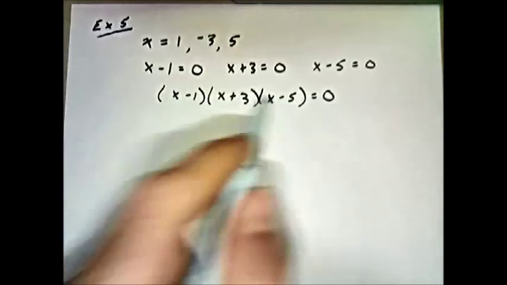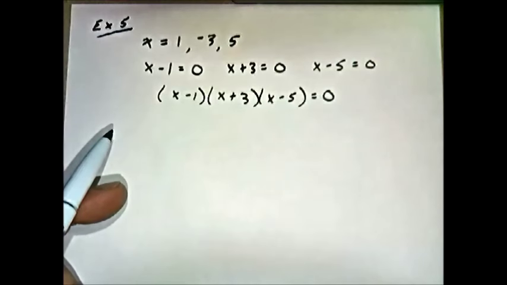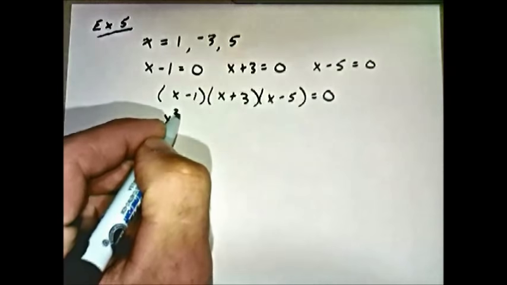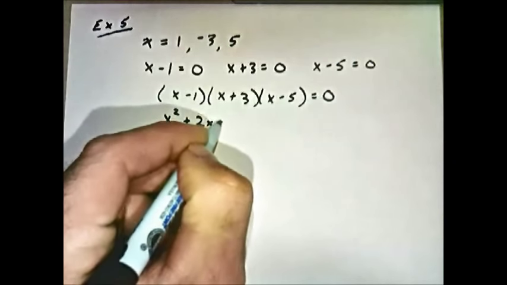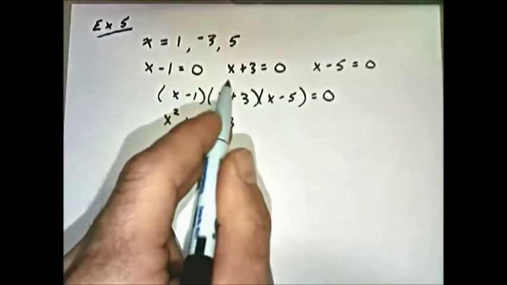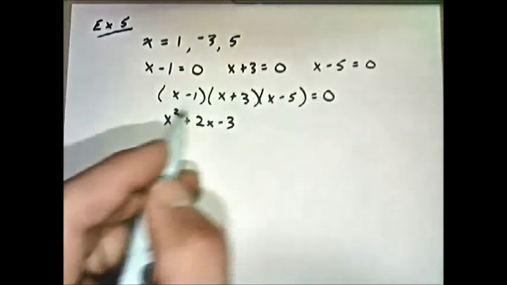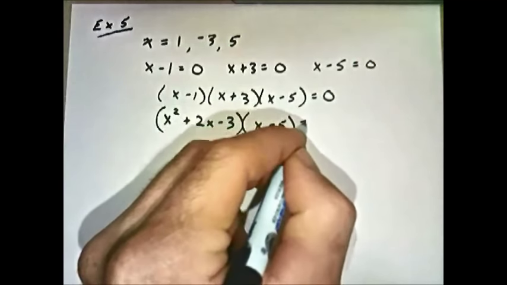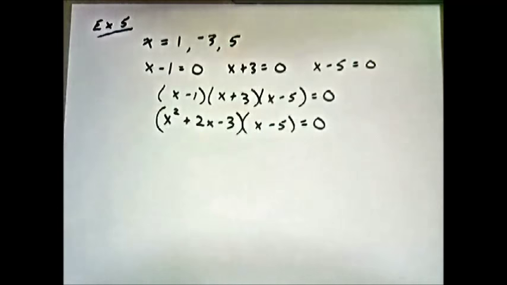Now, we're simply going to multiply these 3 together. Multiplying x minus 1 to x plus 3, we get x squared plus 2x minus 3. Remember that 2x comes from when we multiply x to 3 and the negative 1 to x. And also multiplying that answer by x minus 5.